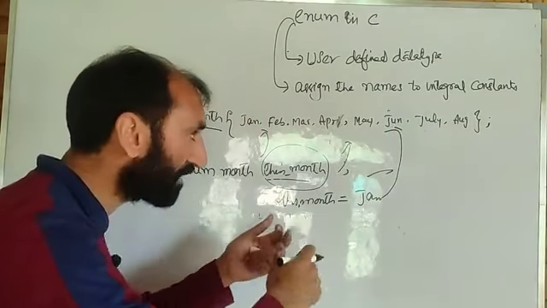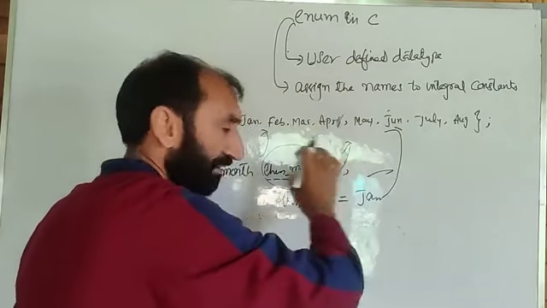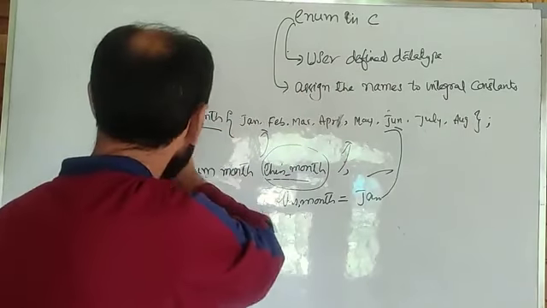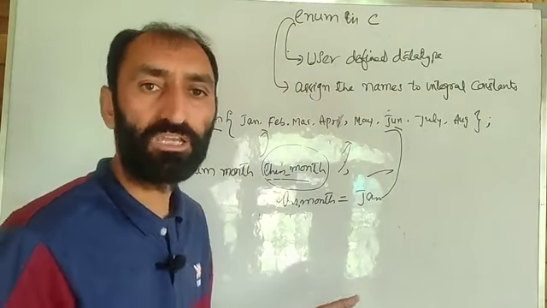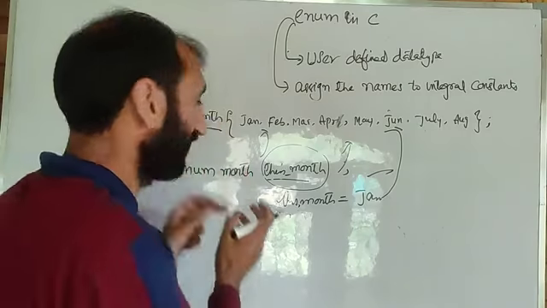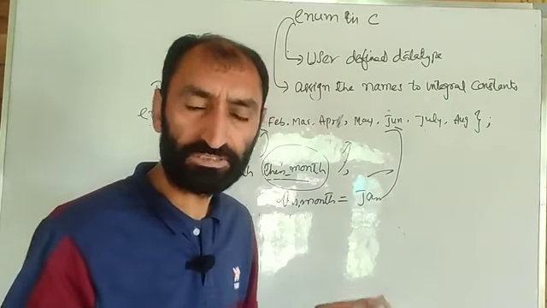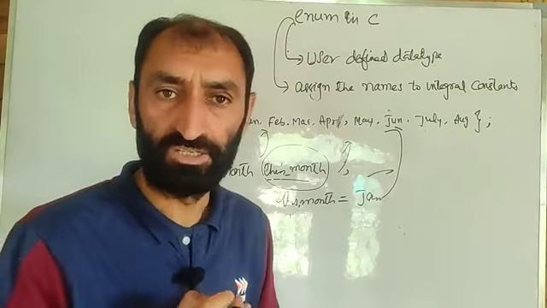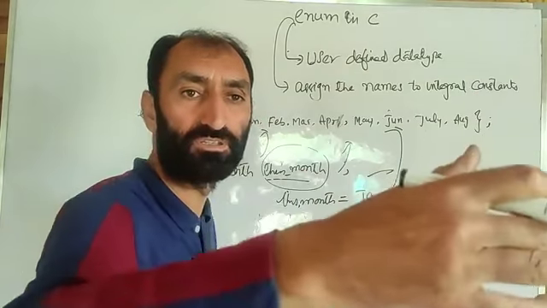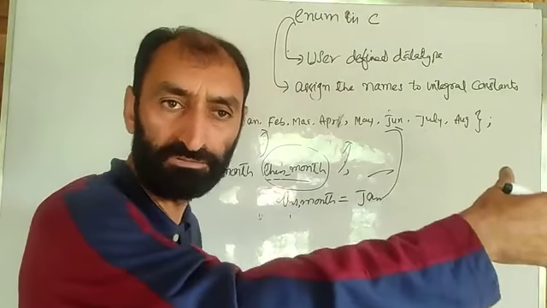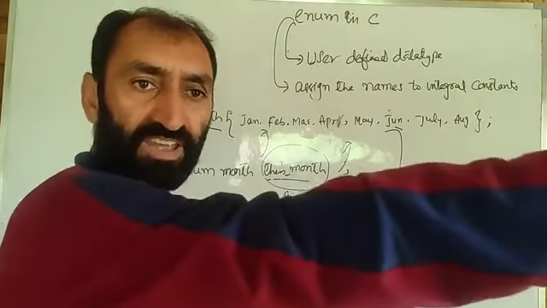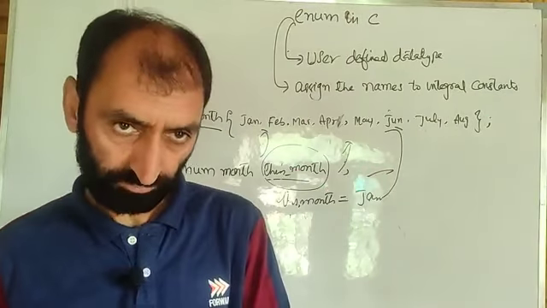Then the variable of enum can take any values defined in that data type. For example, if we define the enum data type for direction, direction is only for north, south, east, and west. Direction can be any one, either north, south, west, or east.